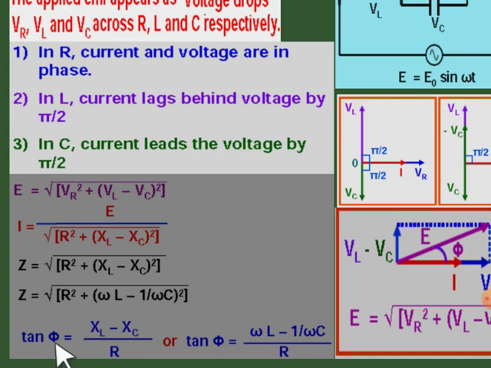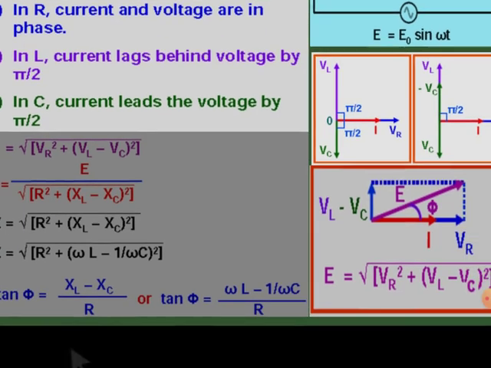Now what is tangent phi? Why am I taking tangent phi? Because it will be used at the time of power.